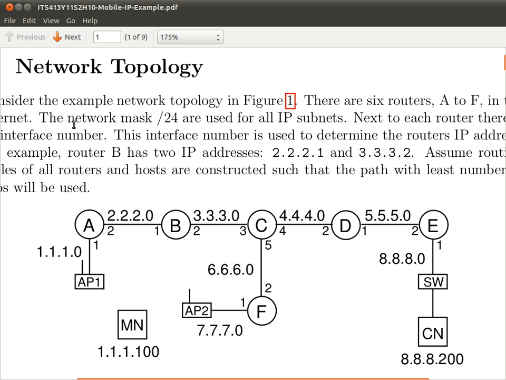So this is this packet. This is our data that we need to transfer. What's the destination? The destination is who we're sending it to, which is the correspondent node, 888.200.